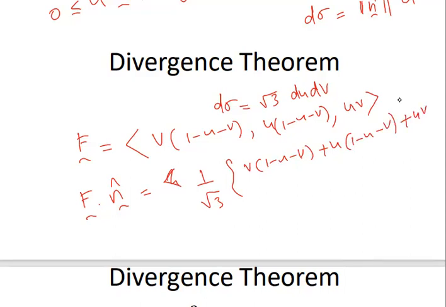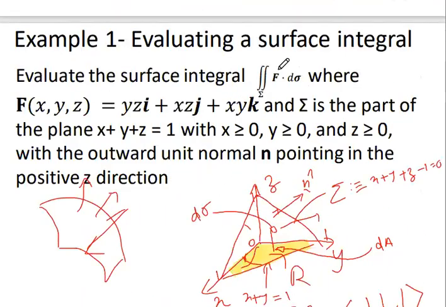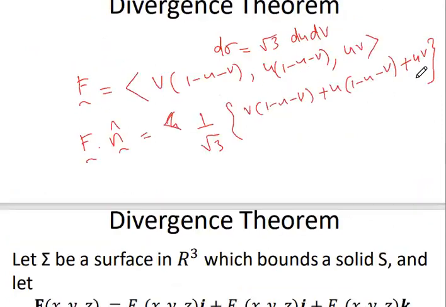So this is the normal component of the velocity or vector field. Now we have this scalar function. This becomes a scalar.